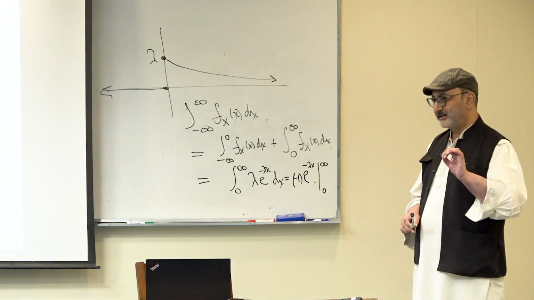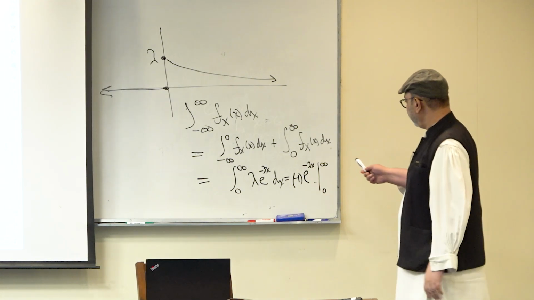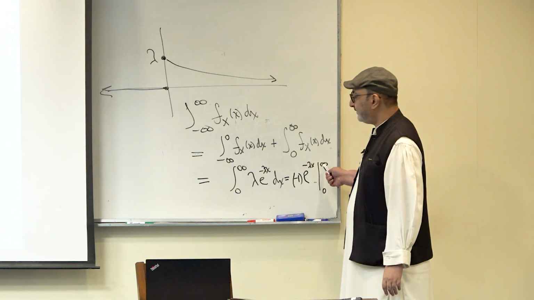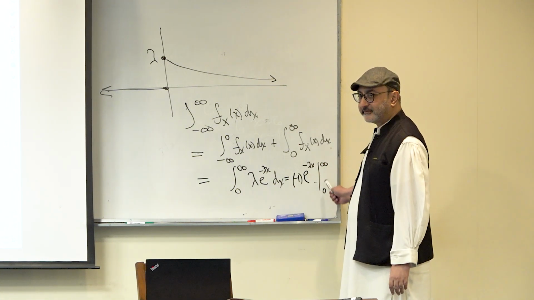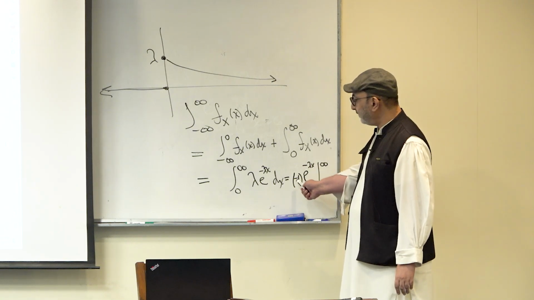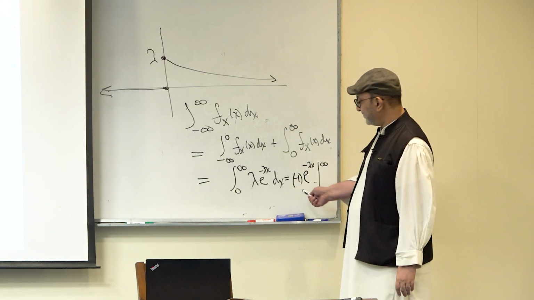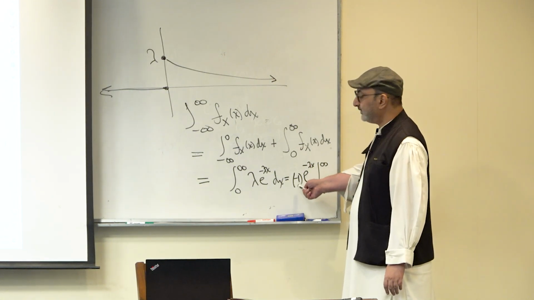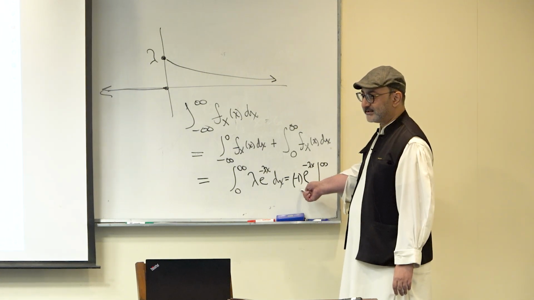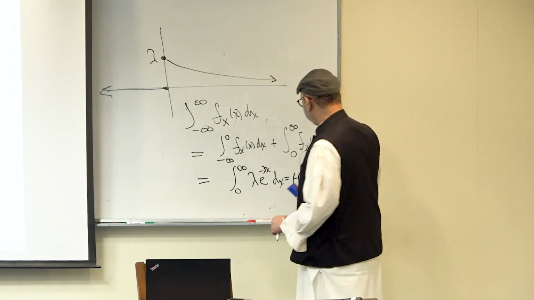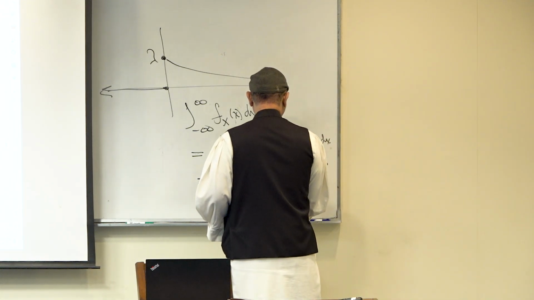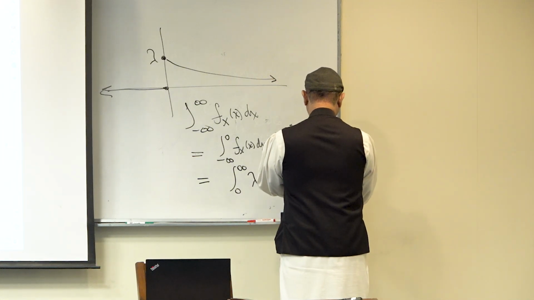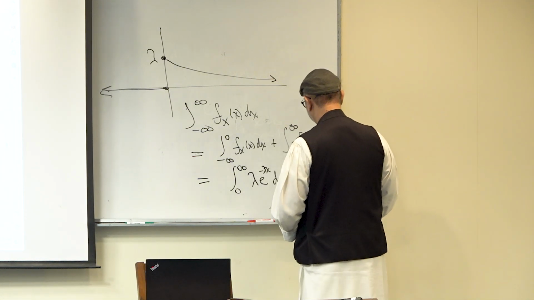When I have a minus sign and I'm evaluating this at 0 and infinity, I can change the order of the evaluation and get rid of the minus sign. So instead of at infinity and 0, I can have 0 and at infinity, picking up a minus sign. So the minus sign can go away, provided that I change the evaluation order.